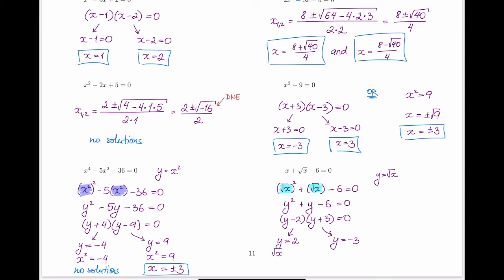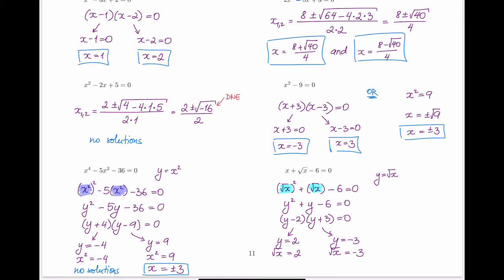So on the left here, I have that root x is 2. And here, because y is root x, I have that root x is negative 3. Great. So what do I have here? Root x is 2. So notice that there is implied positive signs on both sides. So I'm trying to think of a number so that when I take a square root of it, I get a positive 2.